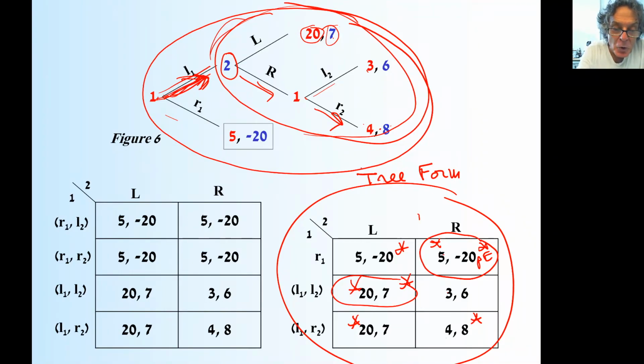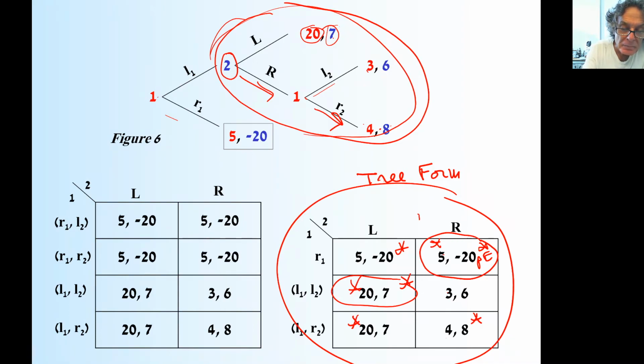So she tried to convince him to go left 1, because otherwise if he goes R1, she's getting negative 20. So she says, believe me, but there are no binding agreements. They can talk, but they can do whatever they want. We are in a non-cooperative environment, where they sometimes may talk to each other, but they cannot make a binding contract.